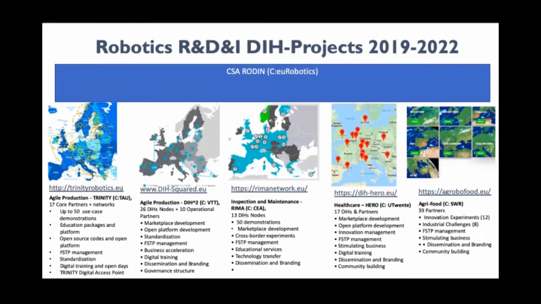So we have another project on agile production, then inspection and maintenance, healthcare, and agri-food, also using robotic solutions in these target fields. And together we form a fleet of robotics digital innovation hub projects. And now we actually are making an impact on the European scale.